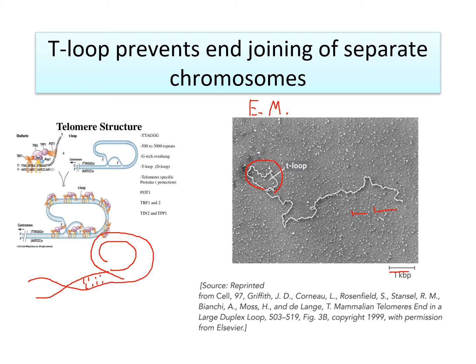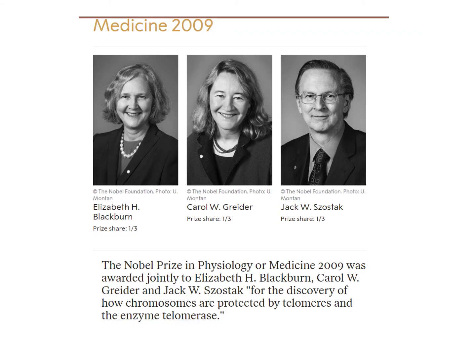Okay, so I'd just like to draw your attention to the fact that there are, I believe, 2 Nobel Prizes awarded for telomeres. The most recent one was in 2009, where they really cracked the end problem and characterized how telomerase works and showed a lot of things about its sequence specificity.